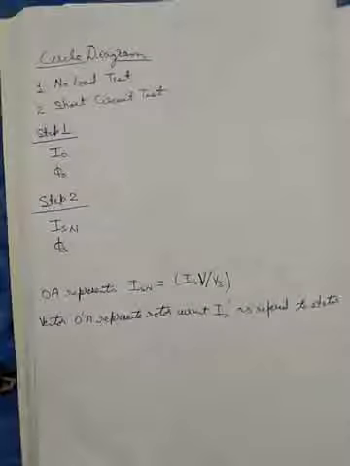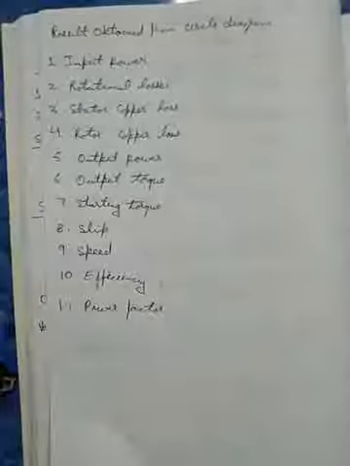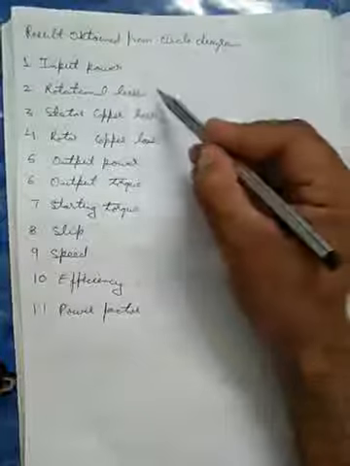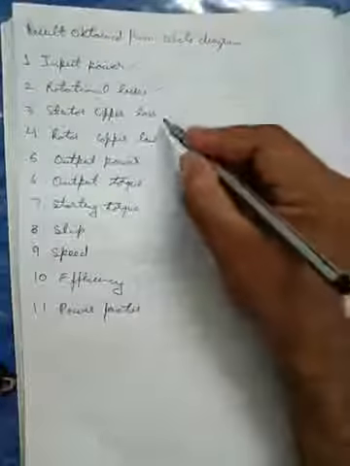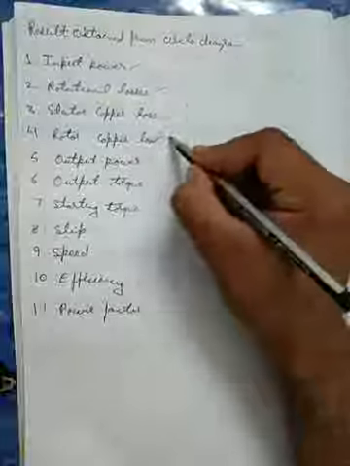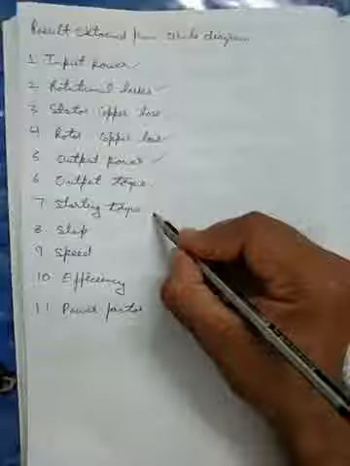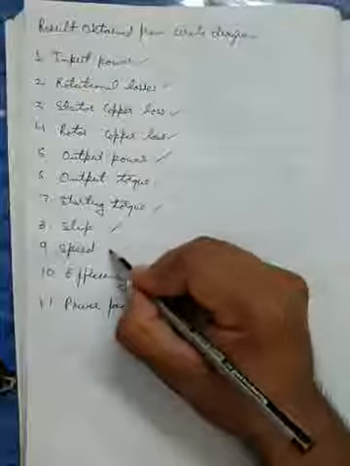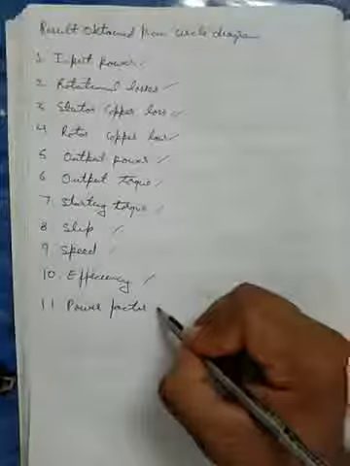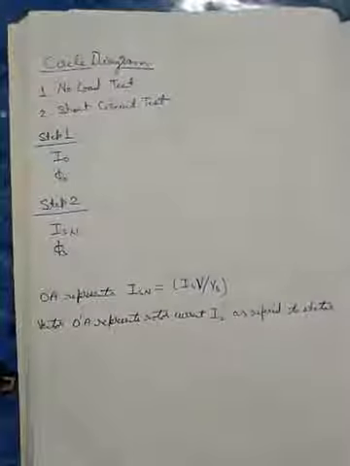We can calculate the input power, rotational losses, stator copper losses, rotor copper losses, output power, output torque, starting torque, slip, speed, efficiency, and power factor from the circle diagram.